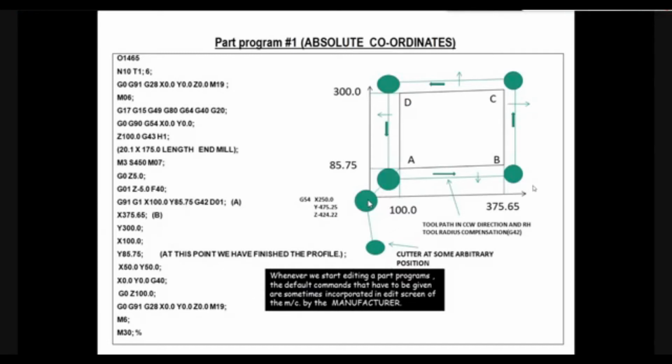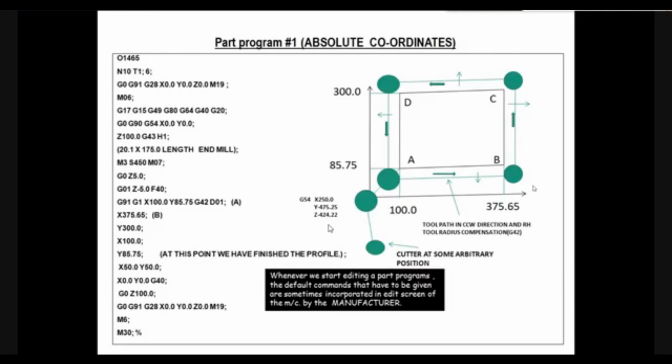Select work offset and enter the values as shown here: x 250.0, y minus 475.25, and z minus 424.22. I have given these values assuming they are the measured values in x, y, and z between the machine origin and workpiece origin. These are all assumed values. You have to practically measure them and enter them into the work offset register.